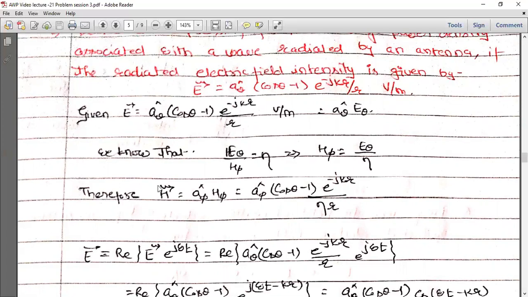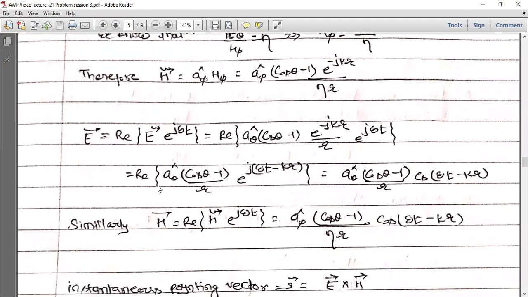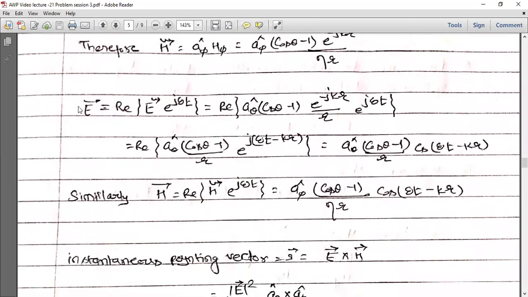We know very well that instantaneous values can be found using phasor values in this particular way. The instantaneous electric field intensity E, this is the script vector here, is given by the real part of the phasor multiplied by e to the power j omega t. We are given that the electric field intensity phasor is A theta cap (cos theta minus 1) e to the power minus j kr upon r.